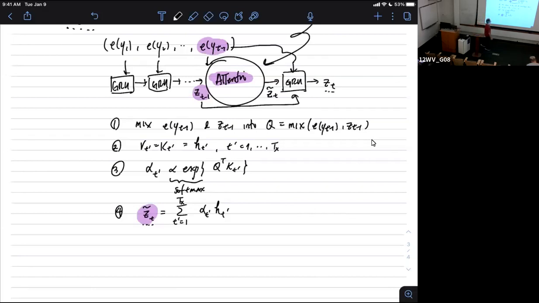This one is going to take as input three things. One is the input at the time step, the previous hidden state, as usual, and the third one is going to be this z tilde t that comes out. That is a convex combination of the source-side vectors where the weights were determined using this attention mechanism.